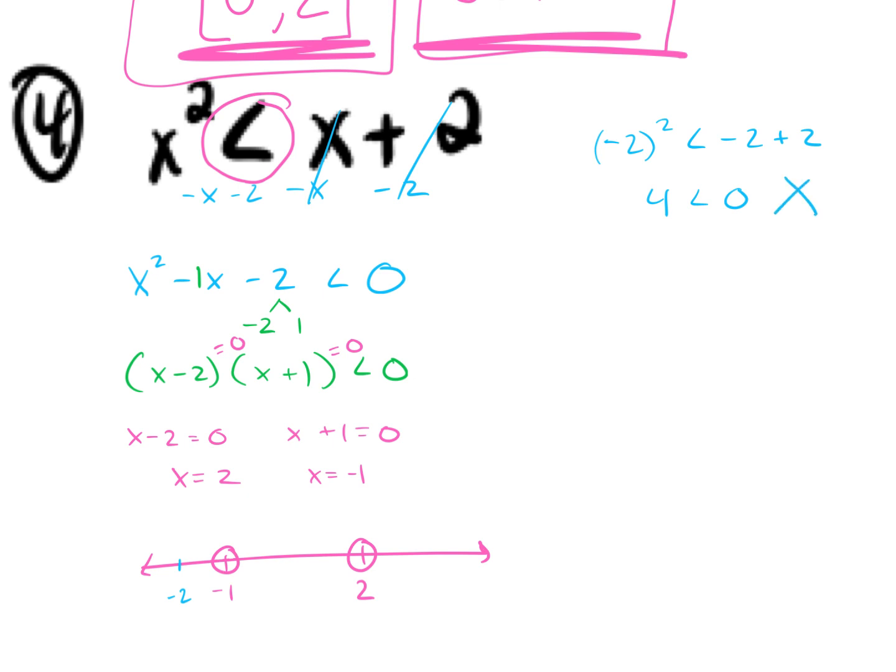No. So outside doesn't work. So that means in between's probably going to work, but let's just check it to be super sure. What's the number in between negative 1 and 2? 0. So let's plug in 0. 0 squared is less than 0 plus 2. Is 0 less than 2? Yes. So in between works.